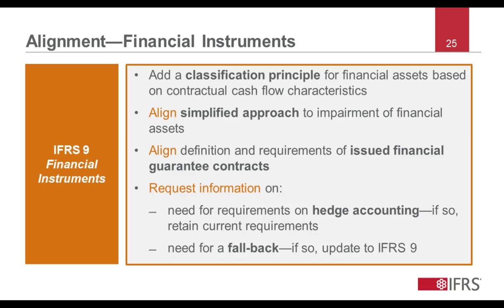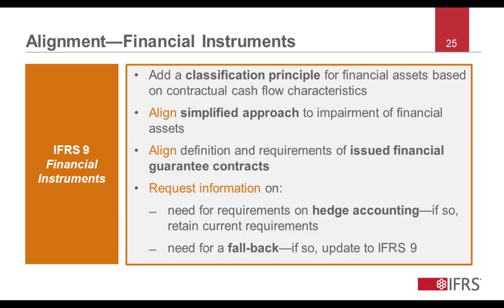And then finally on hedge accounting, the IFRS for SMEs allows hedge accounting for certain types of risks. And there was a question about how often hedge accounting is used by SMEs, and therefore should we retain those requirements? No, not talking about changing the requirements, just asking, should the hedge accounting requirements be retained in the standard?